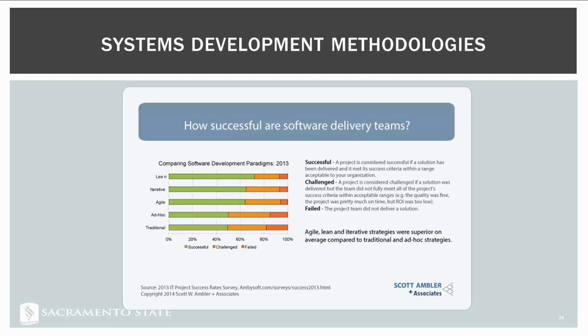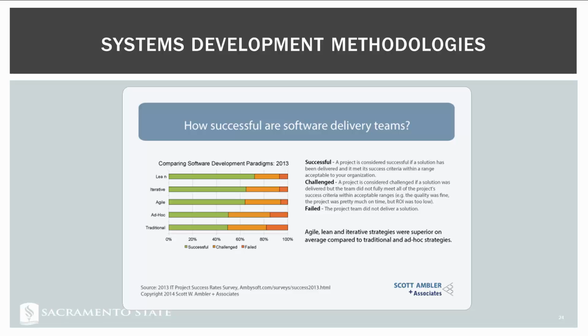But what he adds in this slide, which I think is really interesting, is we looked already at the successful, challenged, and failed projects. What he's done is done some surveys that identify that the methodology you use actually has implications for whether you are going to have more or fewer failures in your company.